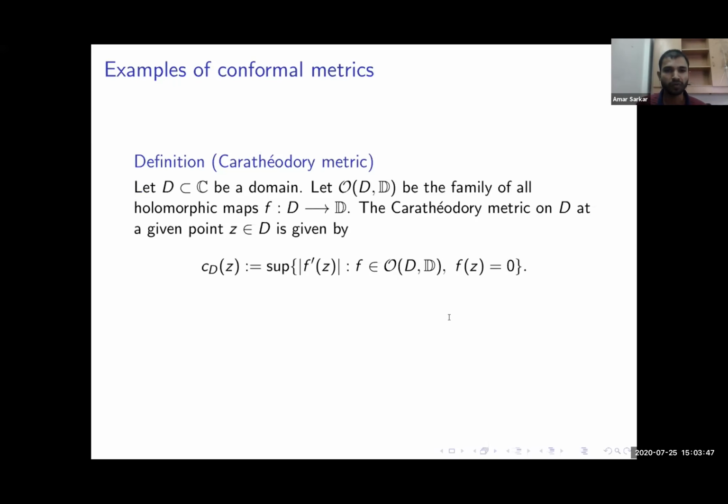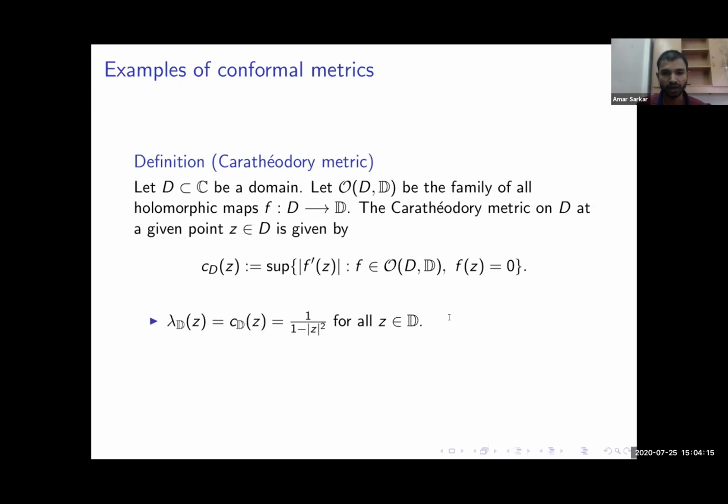Another example of conformal metrics are the characteristic metrics, which I'm going to talk about today. At any point z of a domain, it is defined to be the supremum of the quantity |f'(z)|, where f varies over all holomorphic functions from the domain D into the unit disk, such that z maps to 0.